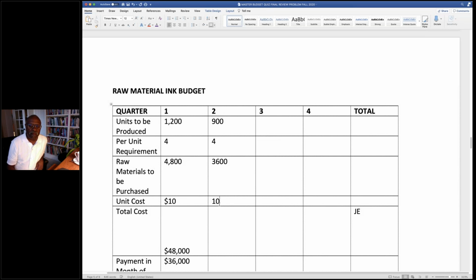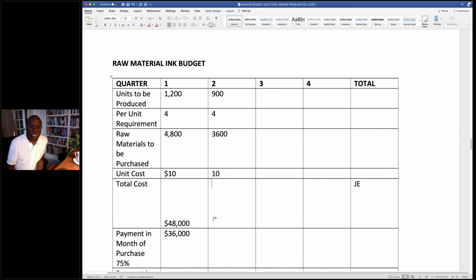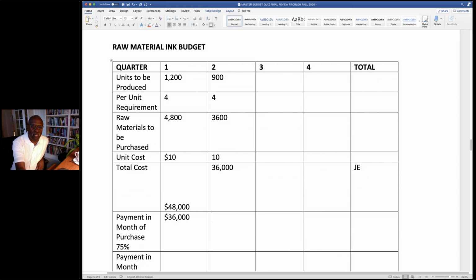So we need 36,000, right? Yes. How much are we gonna pay? 27,000. That's 75% of it. Yes.